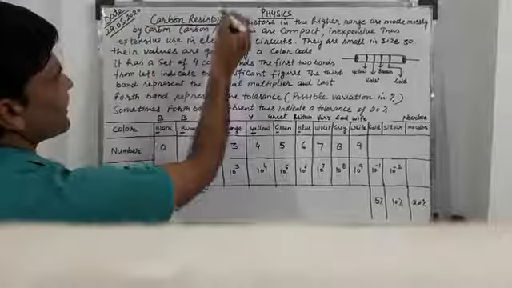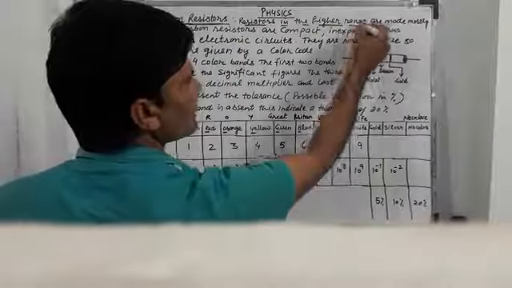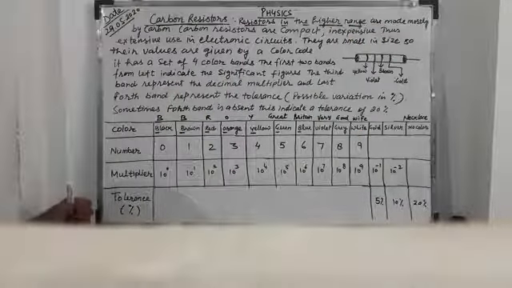The second is carbon resistors. Resistors in the higher range are made mostly of carbon, because wire bound resistors are in the small range.